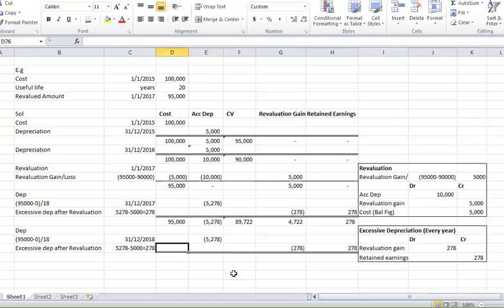And what is excessive depreciation? Same entry. What is depreciation now? 5278. Before revaluation it was 5,000, so there is excessive depreciation. Same entry over here.